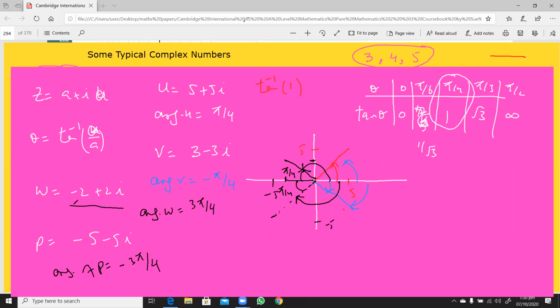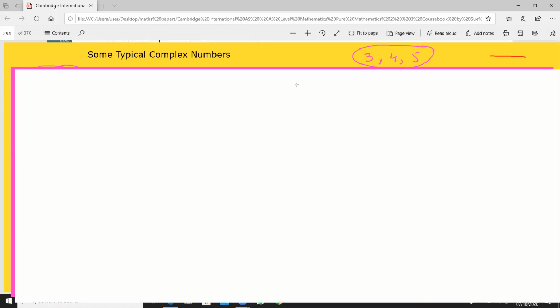Okay. Now, similarly, let's say you have complex numbers like this. z is under root 3 plus iota, or u is 2 under root 3 minus 2 iota, or v is minus 5 under root 3 minus 5 iota.